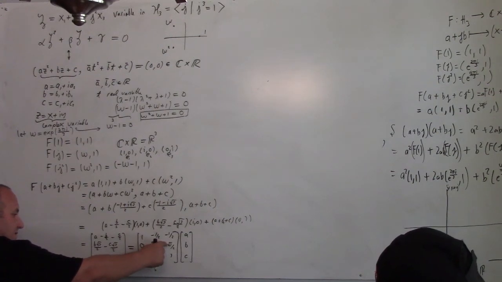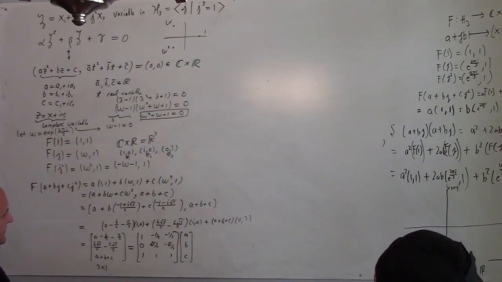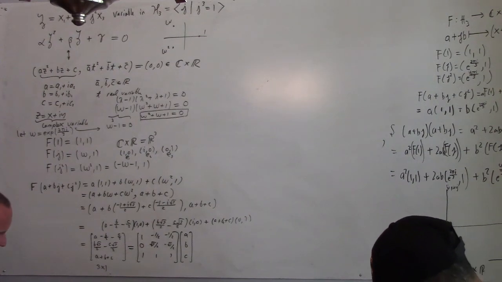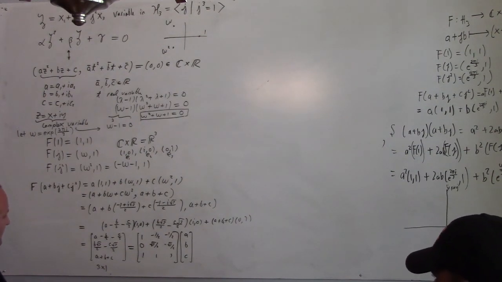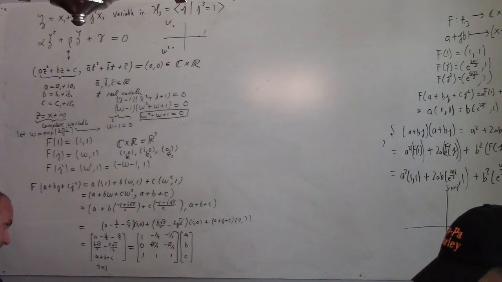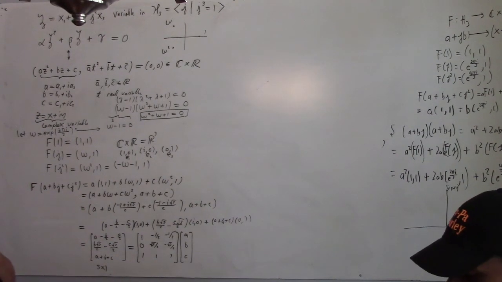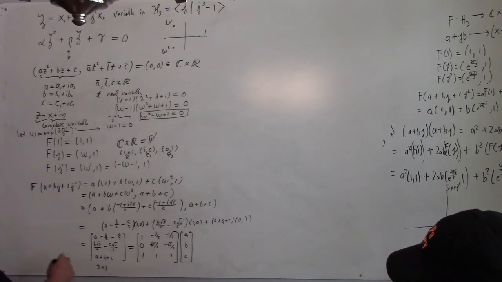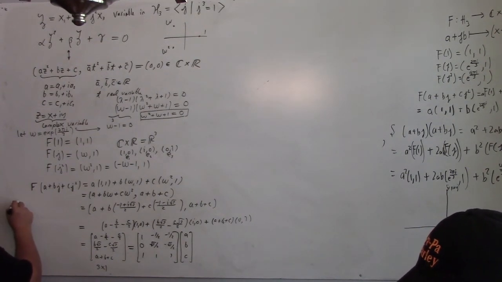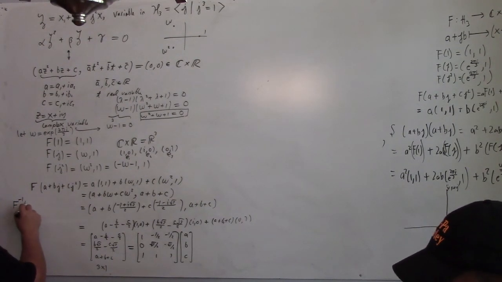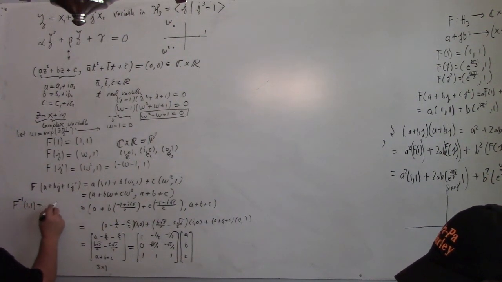So there's the matrix of the map with respect to that natural choice of basis. F inverse is just the inverse of that. We could invert that matrix, and that would give us the formula for the inverse. Of course, I can also tell you some things without any work, like f inverse of 1, 1 has to be equal to 1.